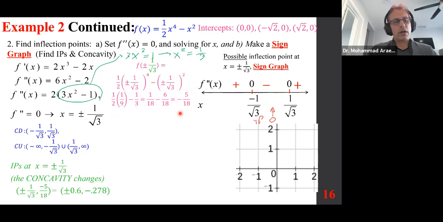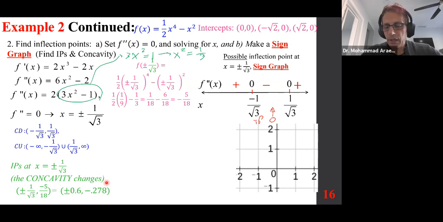Therefore, we are going to write IPs at these pairs, and we write it plus minus 1 over square root of 3, minus 5 over 18, both numbers. For the sake of graph, we change them to decimals. In fact, you can say it's roughly about plus minus 0.6. And you can even say this one is minus, I don't know, 0.3 roughly, for the sake of graph.